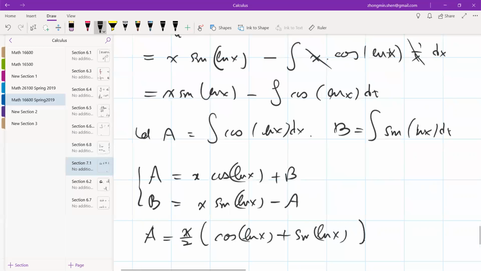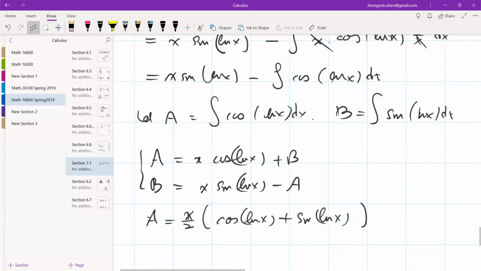All right? I can also get b if I want. And don't forget to put a constant here. So this is a, the integral of cosine. You can get the integral of sine and solve it for b. Yeah, it's okay when it's coming back.